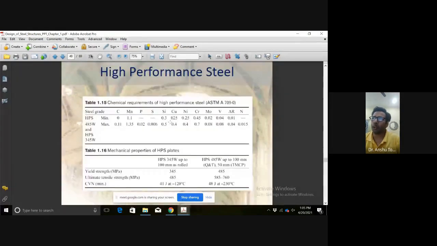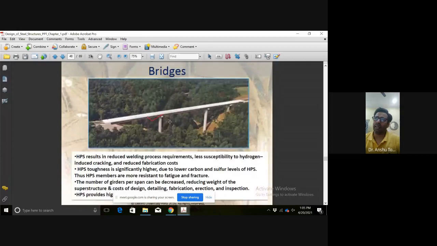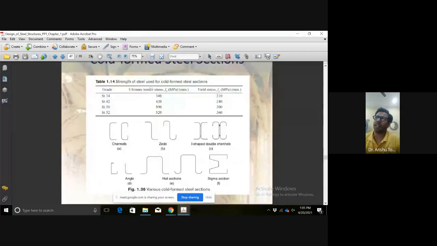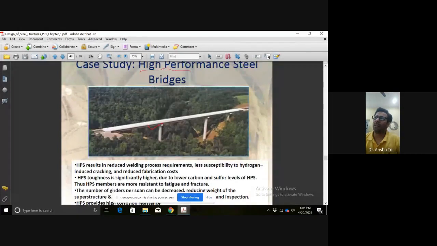These are the uses, and that is why high performance steel has been mentioned here. A 10 to 15 meter bridge span cannot be taken care of by simple, regular structural steel Fe415 or Fe500.